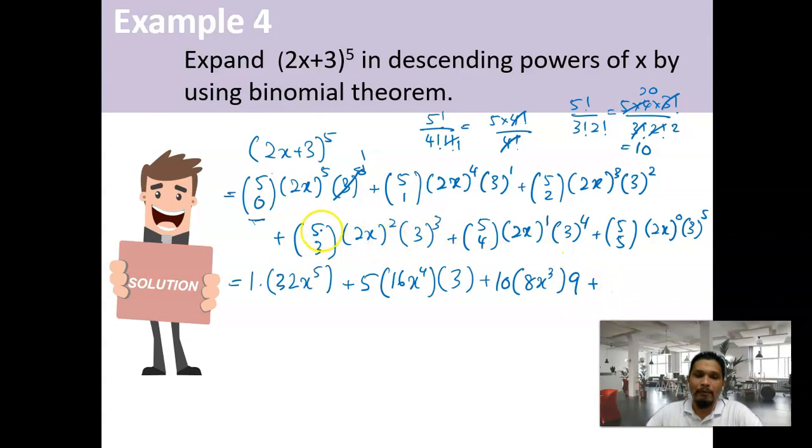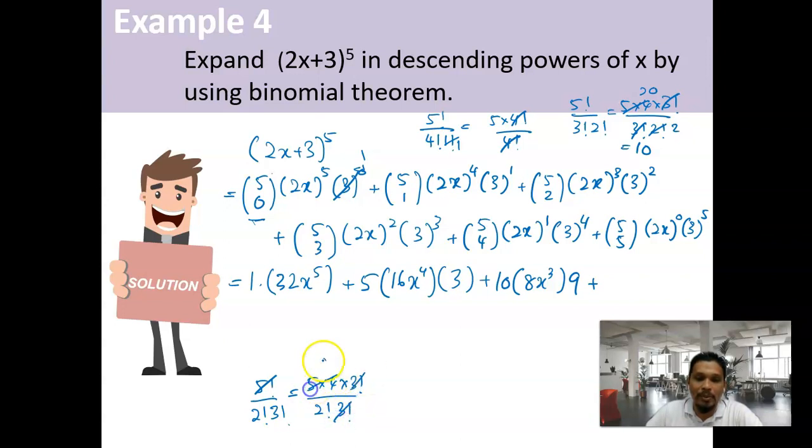Okay, and 5 choose 3. What about this one here? 5 factorial divided by 5 minus 3 equal to 2 factorial and r, which is 3 factorial. Again, we come up with 5 times 4 times 3 factorial divided by 2 factorial, 3 factorial.